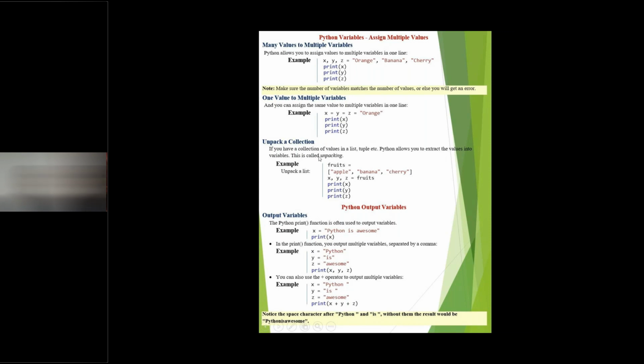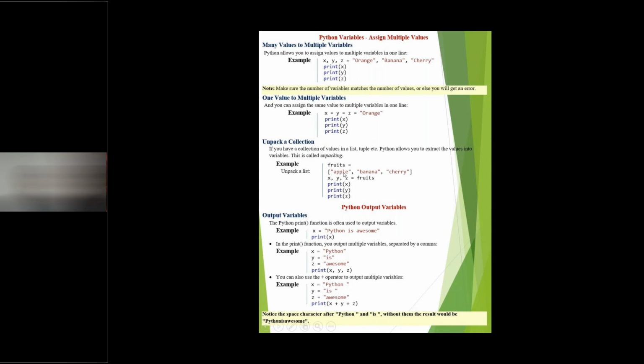And the other way of declaring values is unpacking a collection. Suppose you have a collection of values in a list or tuple, we will discuss these data types in the next session. Python allows you to extract the values into variables. This is called unpacking. Here fruits is a collection of different values, a list type.